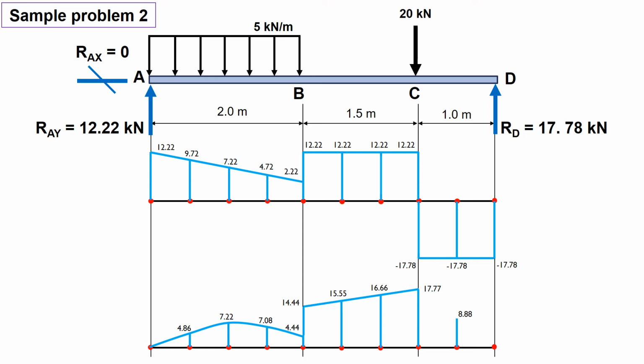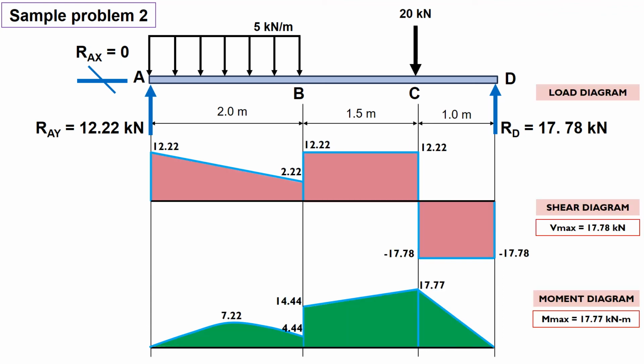Kasi pag tiningnan natin yung difference between two consecutive values, makikita natin na pare-parehas yung difference nila. And for segment CD, so it's the same. Ang difference between two consecutive values ay 17.77 minus 8.88 or 8.89. So parehas din. So if we will connect the points, so we will have a straight line.